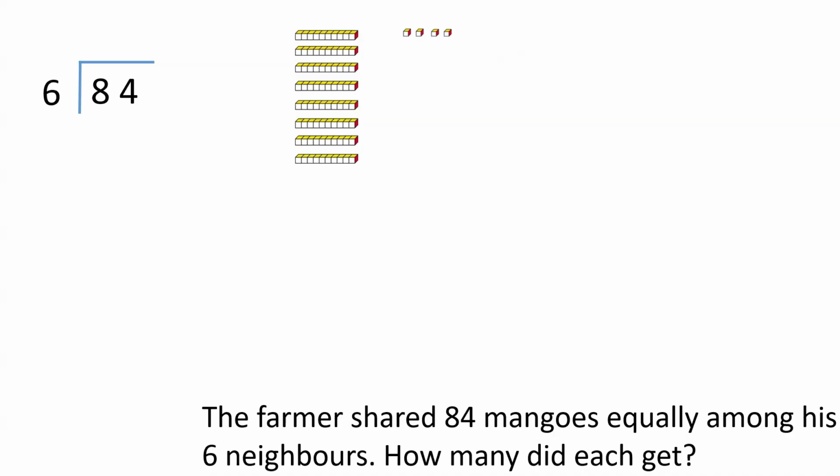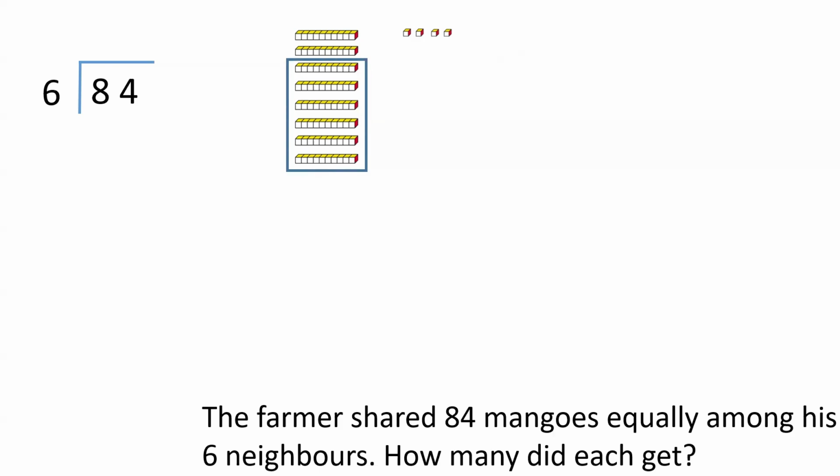What it actually means is that the place value for those 8 is 10s. So can we get a group of 6 from the amount of 10s we have? Well, of course we can. So we can get one group of 6.